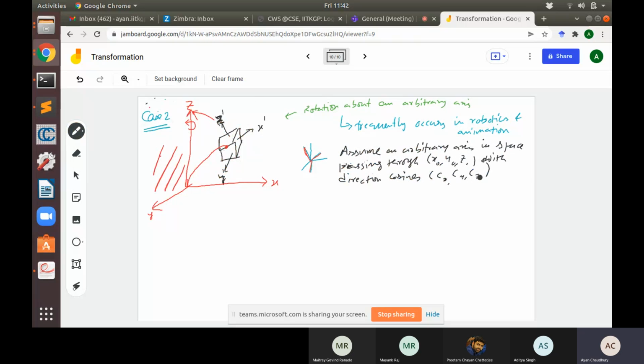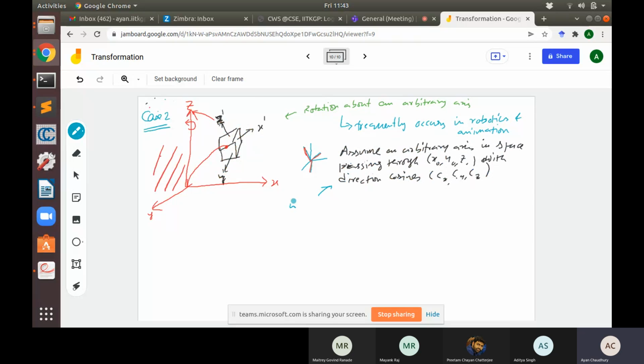You have studied direction cosines before: they are the angles between the vector and the three positive coordinate axes, right? Okay, so we want to rotate about an axis by some angle delta. This is our task.